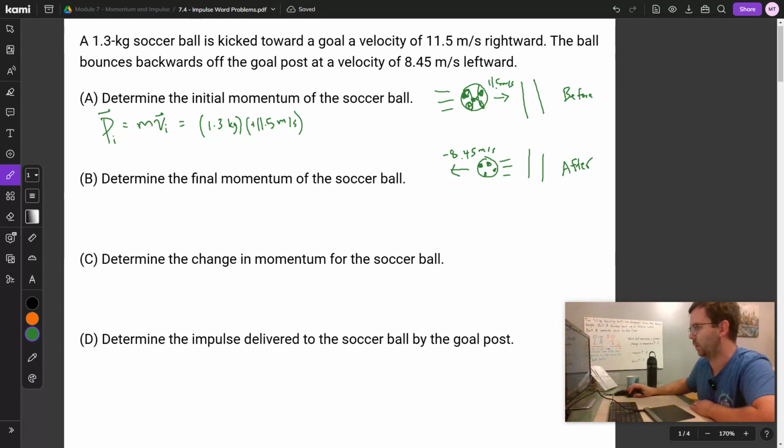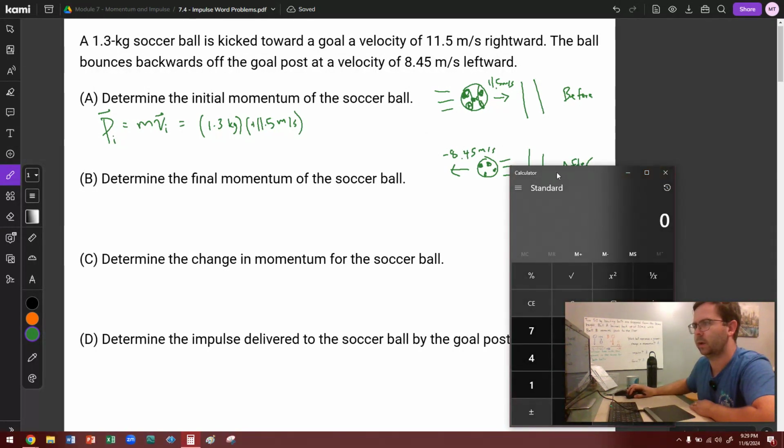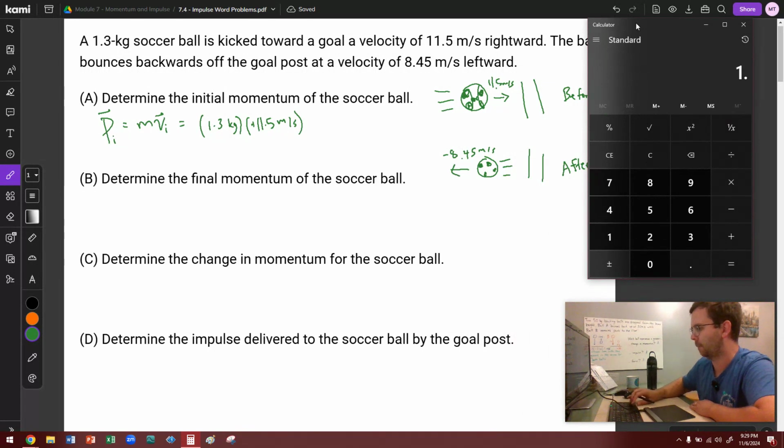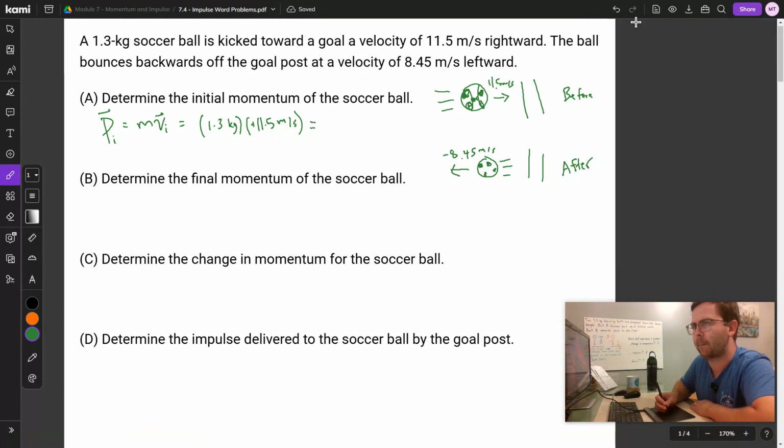So 1.3 times 11.5, using my calculator, is 14.95. I only need two significant figures because my mass has two significant figures in it. So I can only keep the lowest number. So that's going to round up to 15. And that's positive 15 kilograms times meters per second.